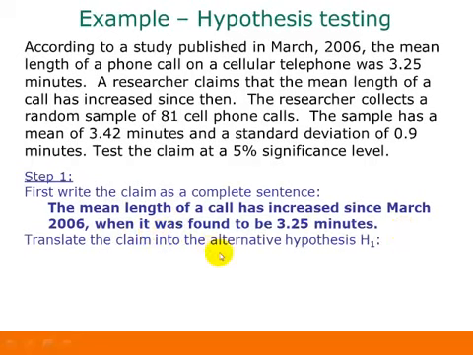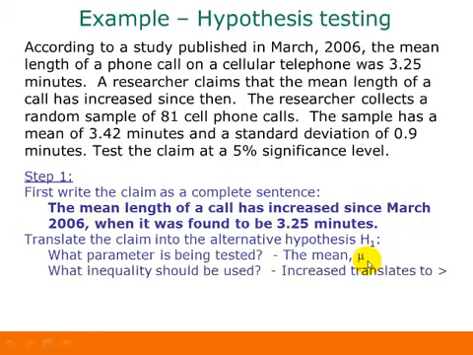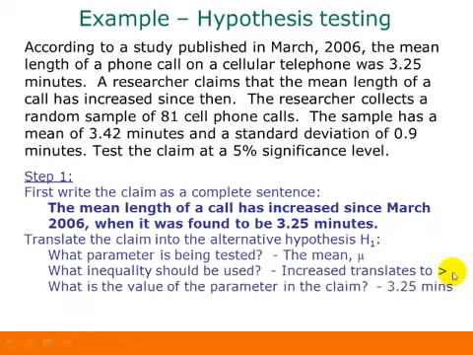So we want to translate this statement into our alternative hypothesis. What parameter are we testing? The mean. So we're going to use the symbol mu. What inequality should we use? Increased translates to a greater than because it's gone up since March 2006.